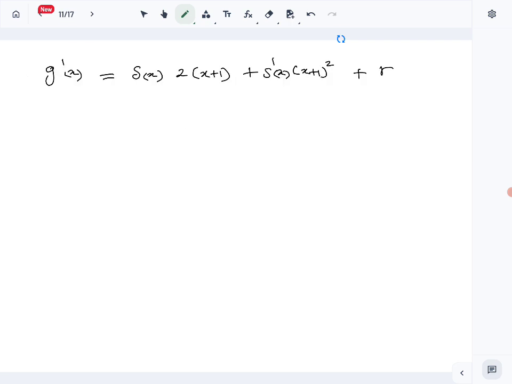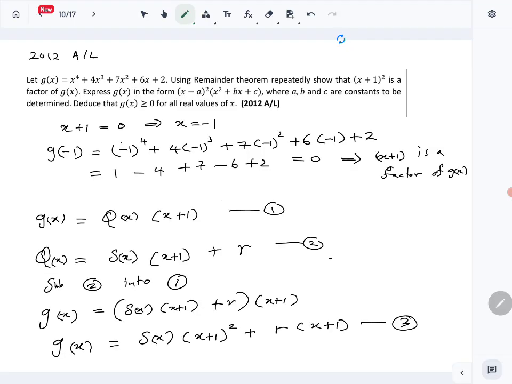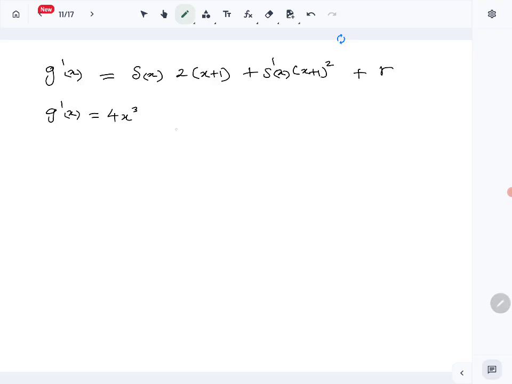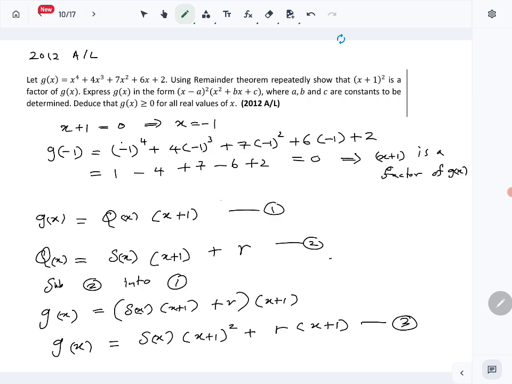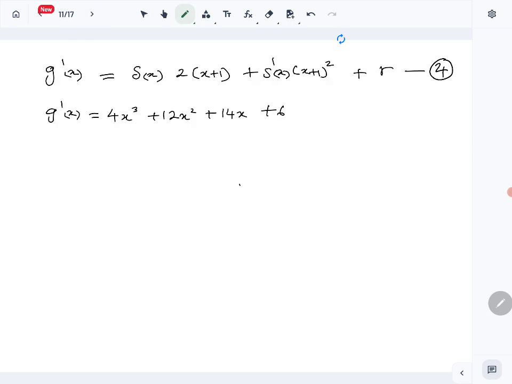And here also let me find g dash x for the given function: 4x cubed plus 12x squared plus 14x plus 6. Right. So let's take this as equation 4. The objective is to show that r is 0, right?